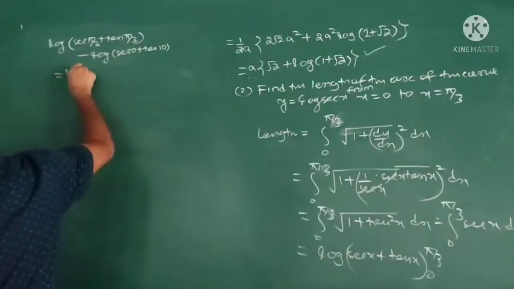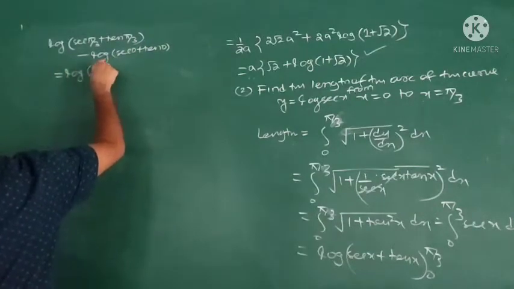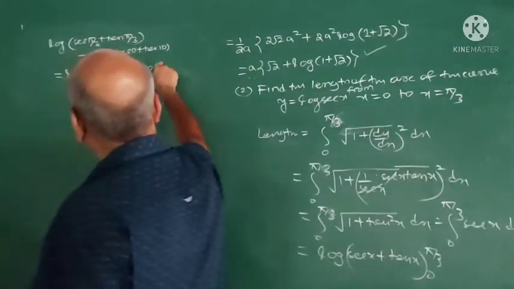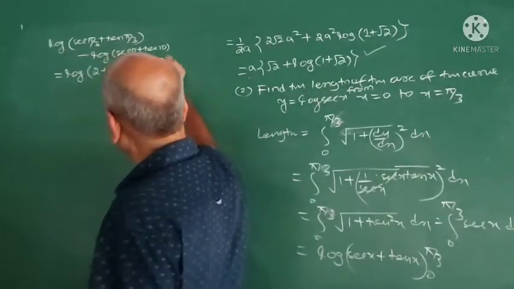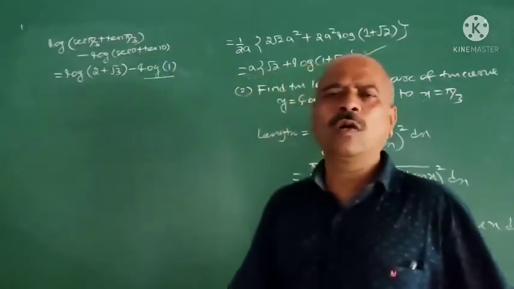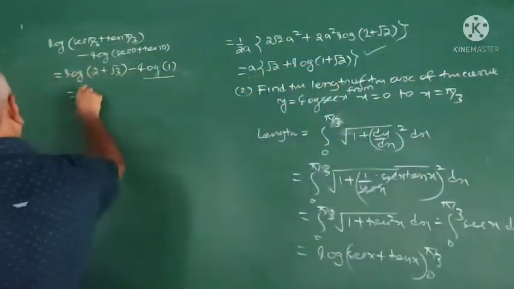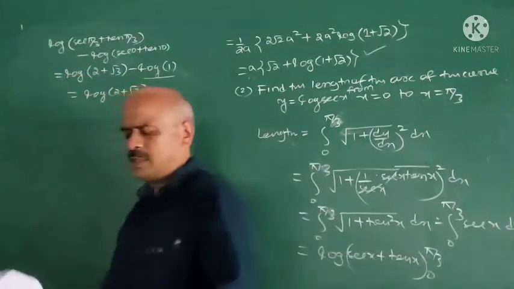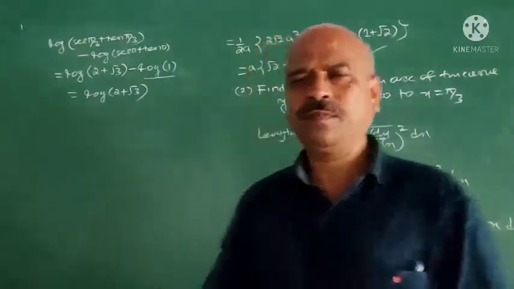So log of, what is sec pi by 3? 2. Tan pi by 3 is root 3, minus log of sec 0 is 1, tan 0 is 0. But what is log of 1? Log of 1 is 0. Therefore it is log of 2 plus root 3. That is the length of the arc of the curve.